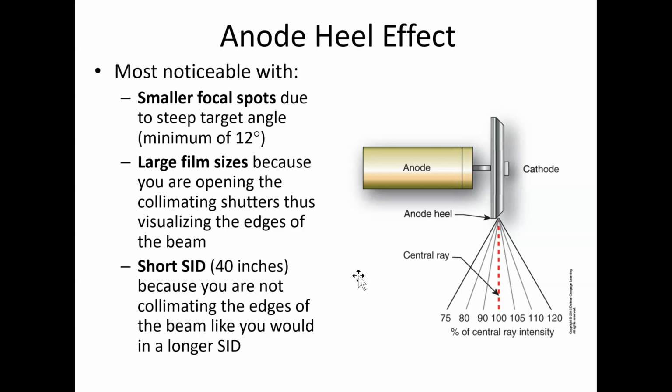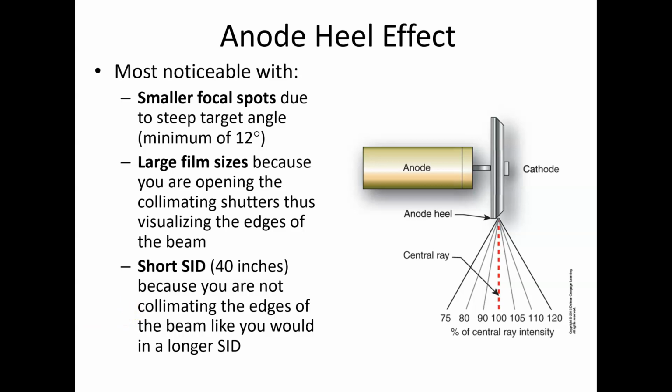You notice the anode heel effect most with small focal spots, and if you're using a large film size, and if you're using a short SID, the anode heel effect is much more obvious.